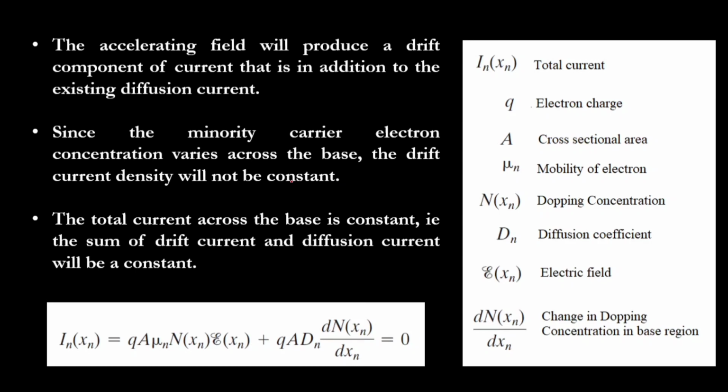It's not uniformly distributed throughout the base region, isn't it? So because of that, the drift current is not constant. But the total current, because of the drift and diffusion, is going to be a constant value. If I add them together, it's going to be a constant current.